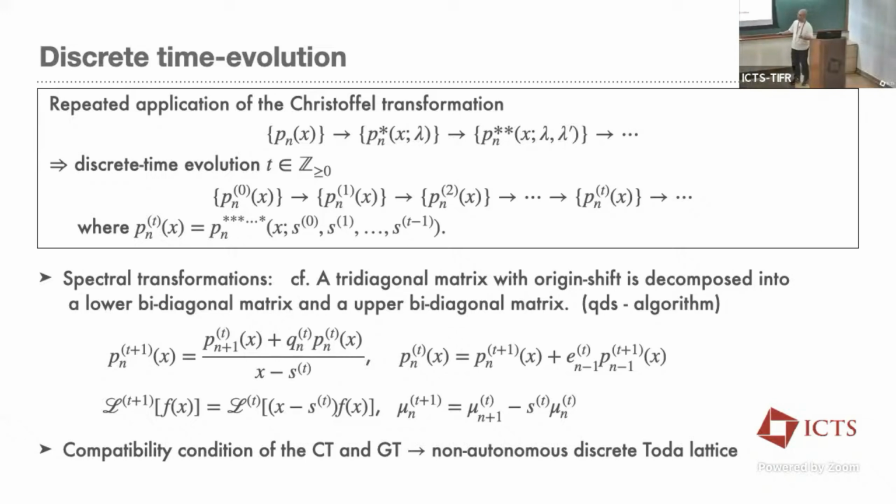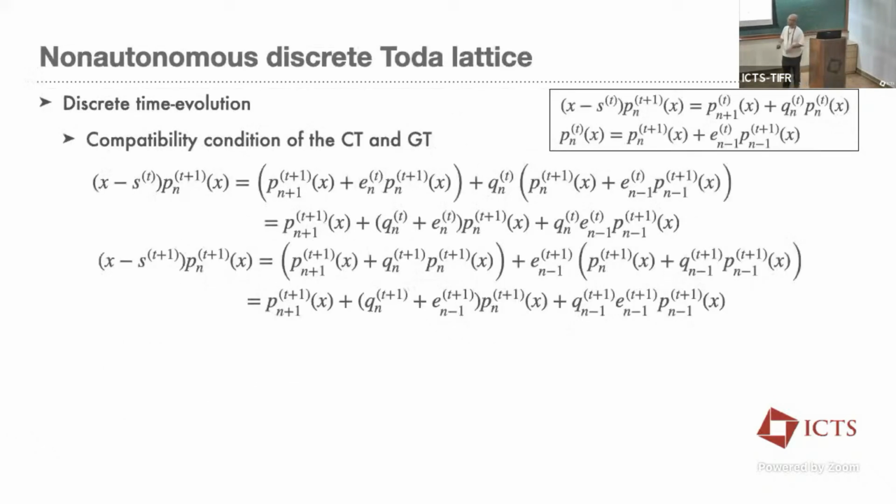And actually, by considering this compatibility condition, we will obtain the non-autonomous discrete Toda lattice. This is just our case. Maybe I don't want to write it down, so I just put it on the slide. So we will consider the compatibility condition like this. And you see, s_t and s_t plus 1 should be slightly changed.